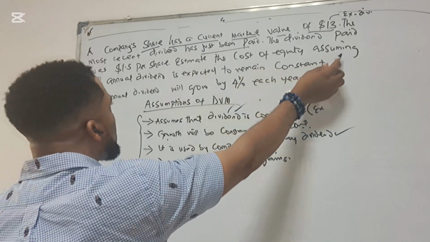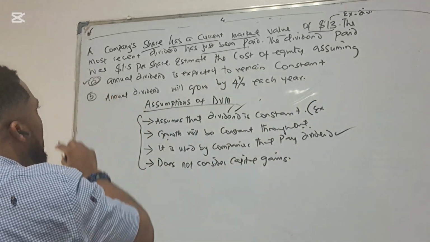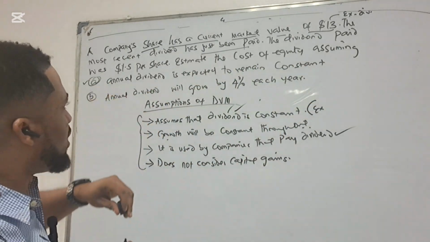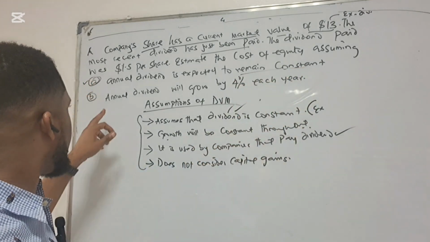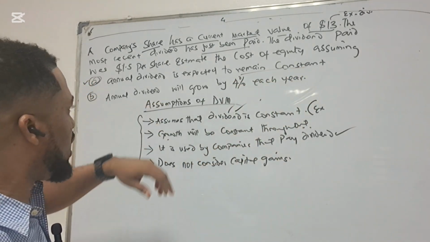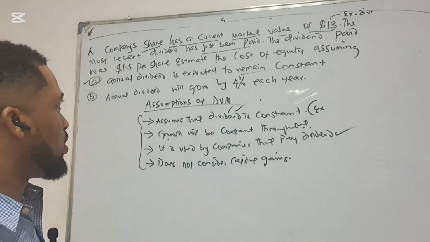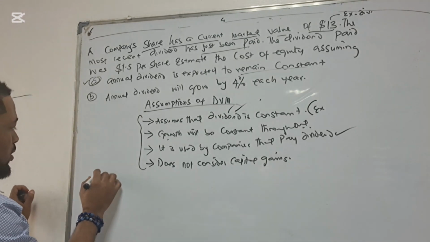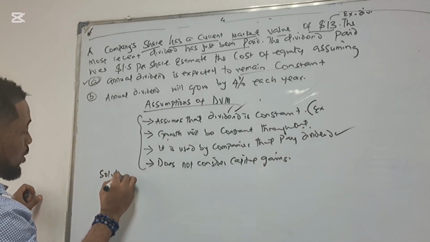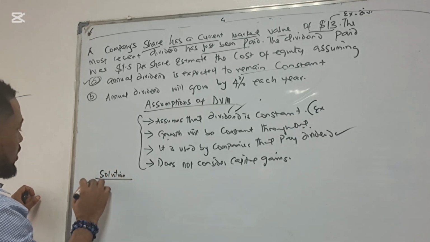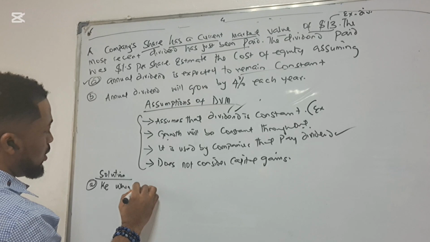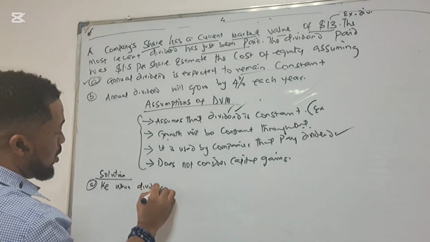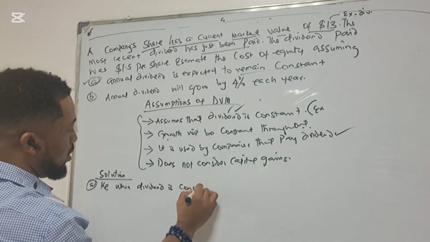Estimate the cost of equity, assuming, in the A part, that annual dividends are expected to remain constant, that is, there's no growth. And the second one says where annual dividend will grow by 4%. All right, so let's look at the A part. KE, when dividend is constant.